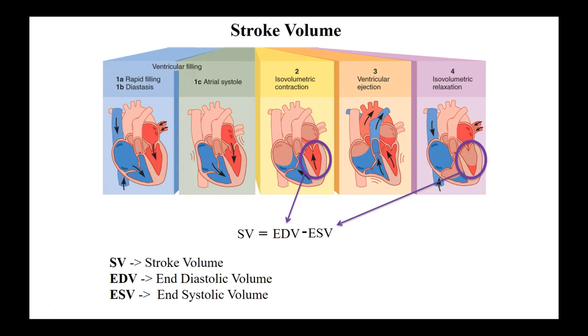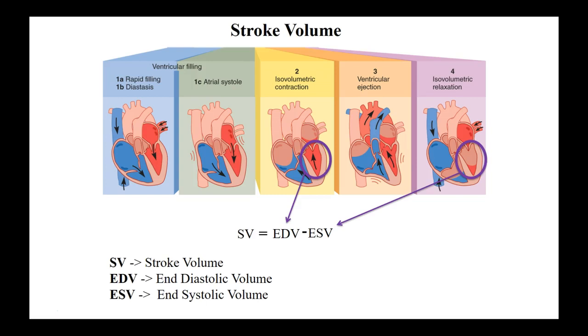Before we have contraction, before systole of the ventricles, the left ventricle in particular is filled with blood. After it has gone through systole, there's still some blood left in the ventricle.